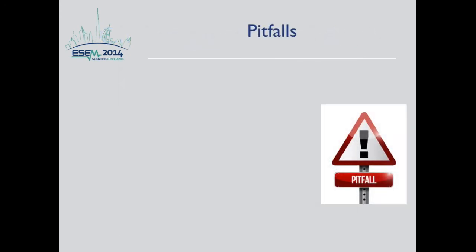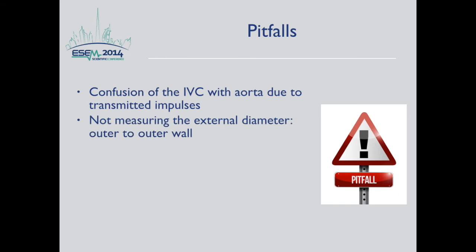There are a number of pitfalls that you can face when you scan for the abdominal aorta. Most commonly is the confusion of the IVC with the aorta due to the transmitted impulses. Another is not measuring the external diameter, outer wall to outer wall, because it's important to overestimate rather than underestimate.